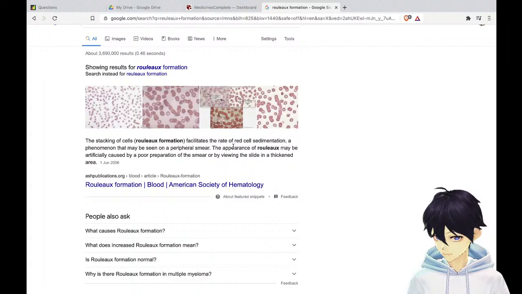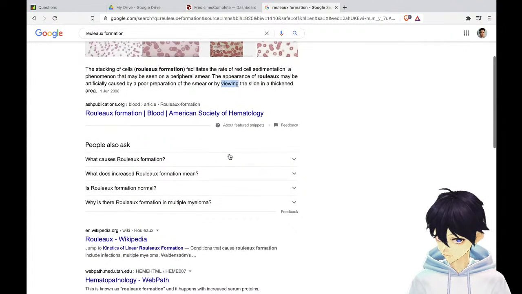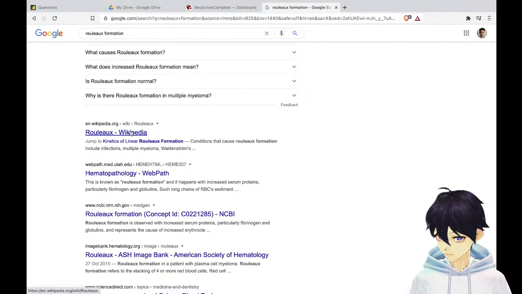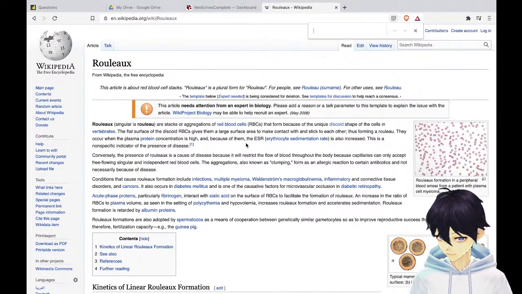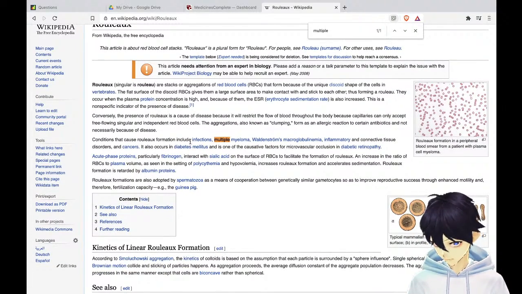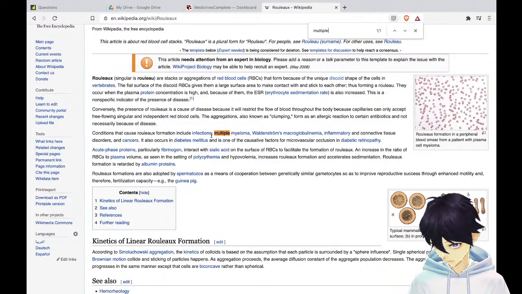The stacking of cells facilitates the rate of red cell sedimentation. Can be caused by poor preparation. Conditions that can cause rouleaux formation include infections, multiple myeloma, Waldenstrom's macroglobulinemia, inflammatory and connective tissue disorders.